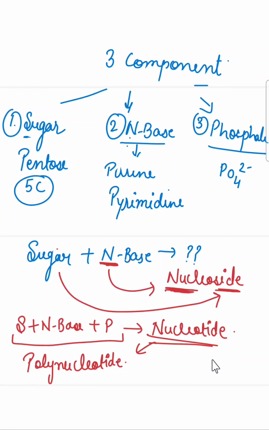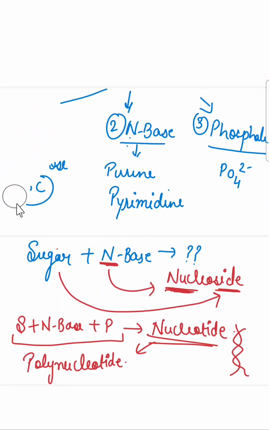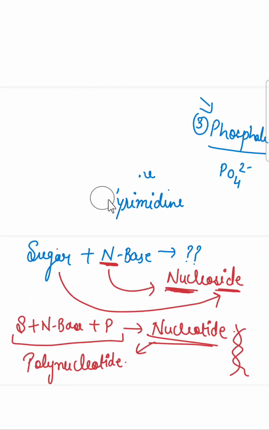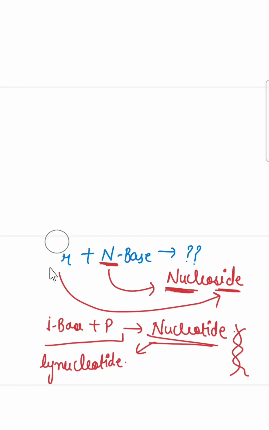And as we all know, polynucleotide or DNA is a double helical structure. That means it has two strands in it, having opposite polarity. Don't worry, we will definitely discuss the polarity and the strands of DNA. But first let us study the sugar.